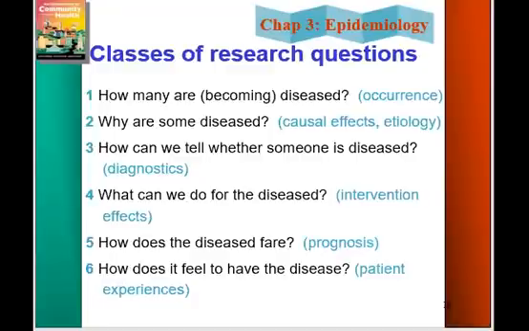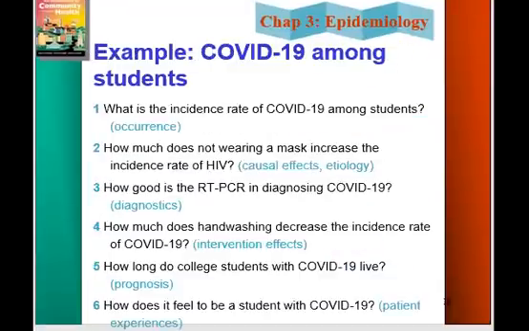Okay. So, tingnan natin. Okay, so this is my example. Given that the topic is COVID-19 among students, let us make research questions for every class. So for occurrence, I gave an example here. What is the incidence rate of COVID-19 among students? Diba? So tinitingnan natin yung bilang ng COVID-19 cases among students.